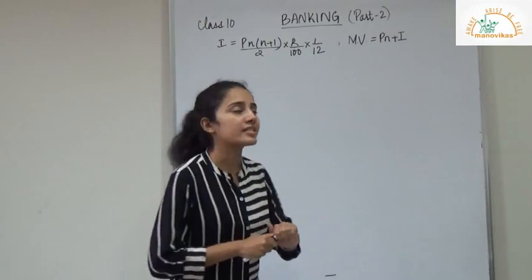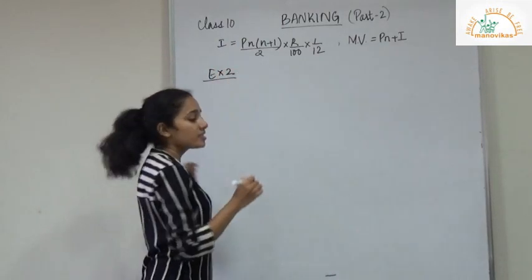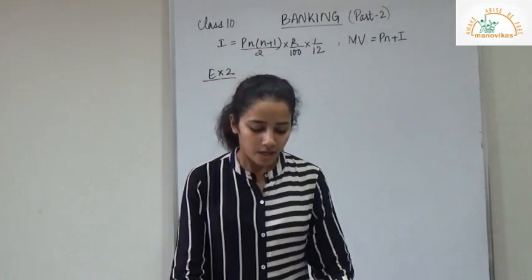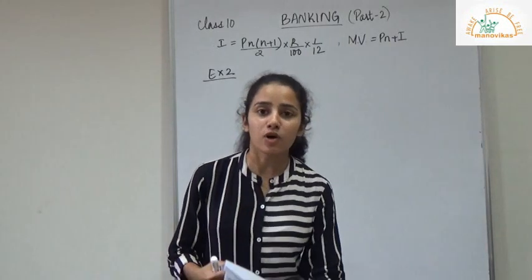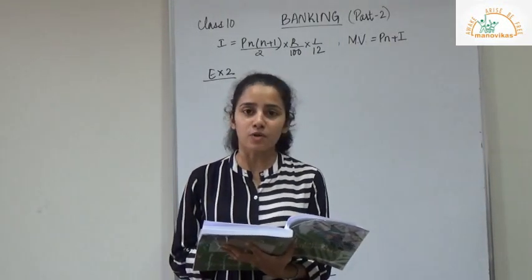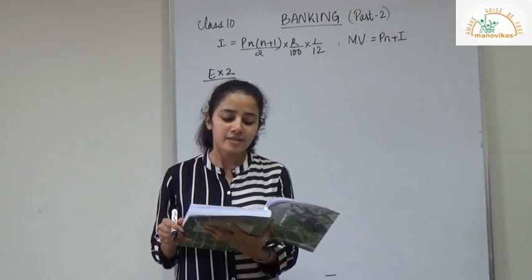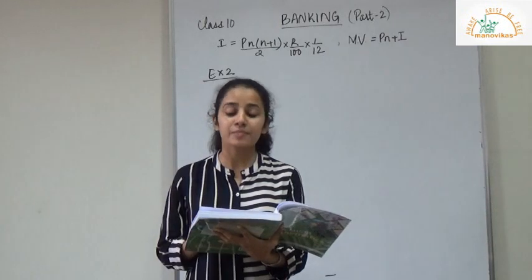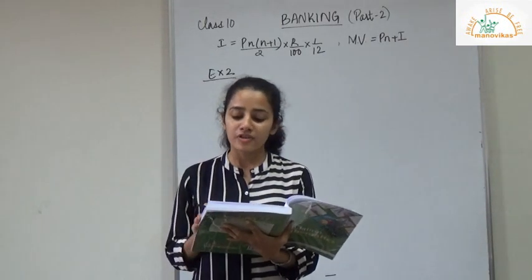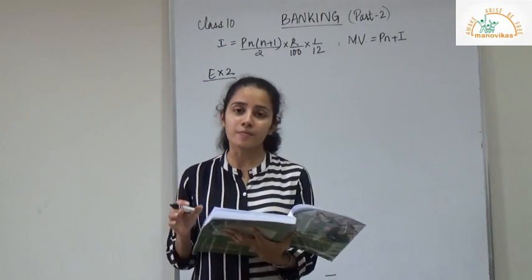For that, let us consider a problem from exercise 2. Please open your textbooks and go through the 8th problem. You can pause the video for a while so that you can read this problem. So you have Mr. Thomas has a 4 years cumulative time deposit account in Corporation Bank and he deposits rupees 650 per month.